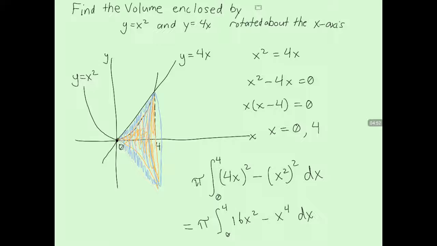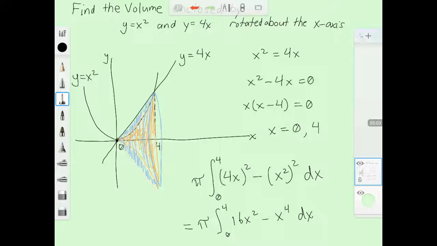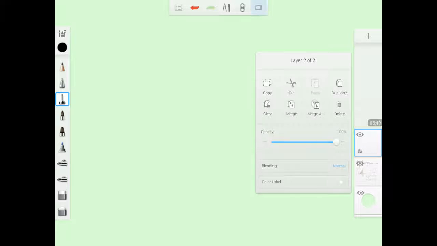So now if we were to compute this, this would be relatively easy, because by the fundamental theorem of calculus, to compute this, all we have to do is take antiderivatives. So let's do that. We have pi, the integral from 0 to 4 of 16x squared minus x to the 4th dx.